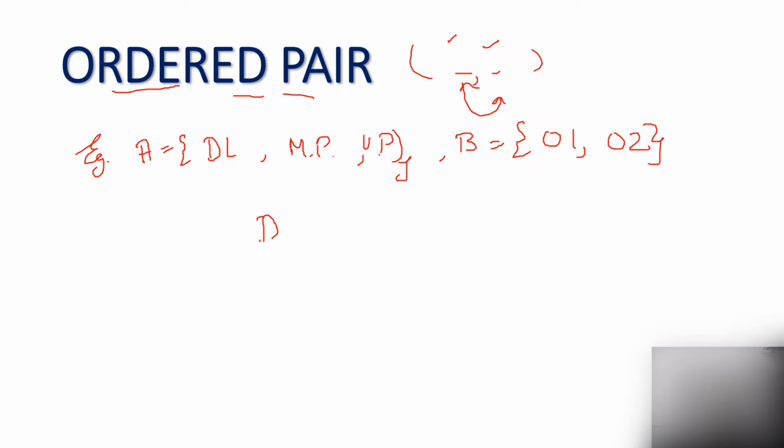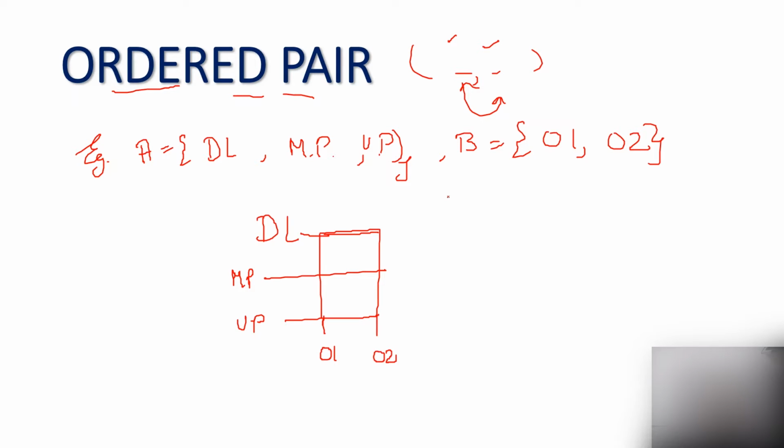So we can start these in different ways. How? Let's see. There are two codes and three cities, MP, UP, and Delhi. These can have code 01 and this can have code 02.